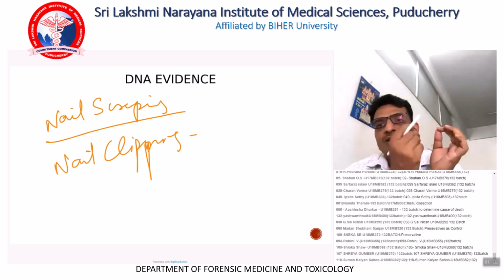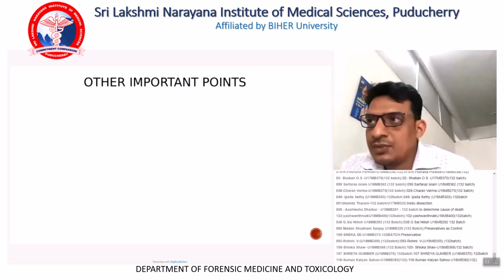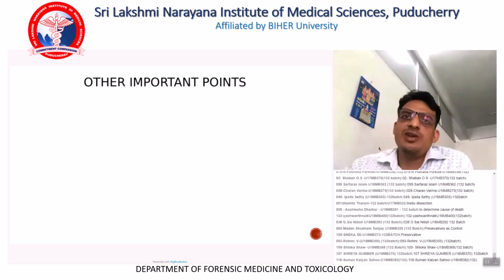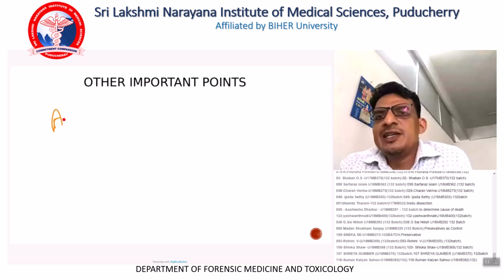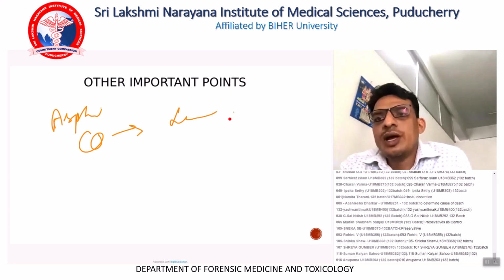Other important points. These are features which you see in special cases, like asphyxiant gases. Carbon monoxide poisoning is there. Then what will we do? Lungs and spleen should be preserved. If there is heavy metal poisoning, then heavy metals are stored in nails, hair and bones.